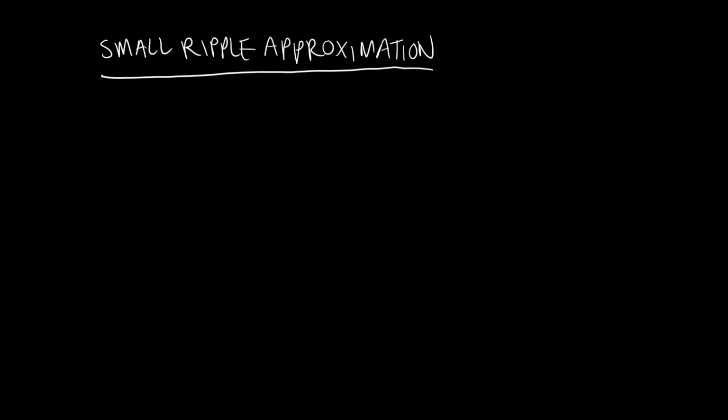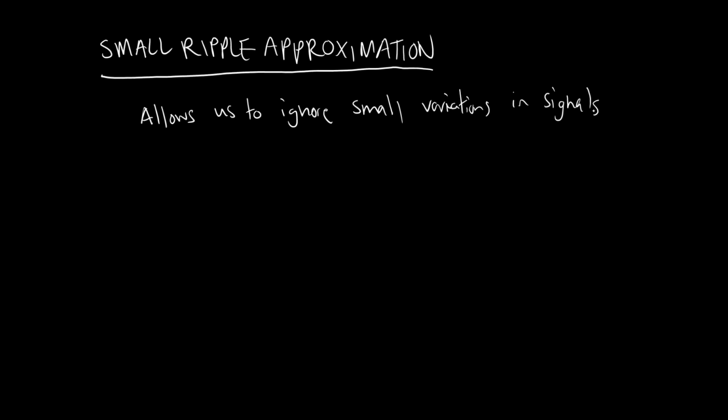Basically, small ripple approximation allows us to ignore small variations in signals. And this is kind of convenient, right?